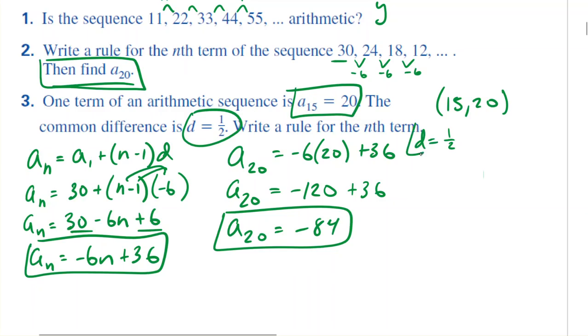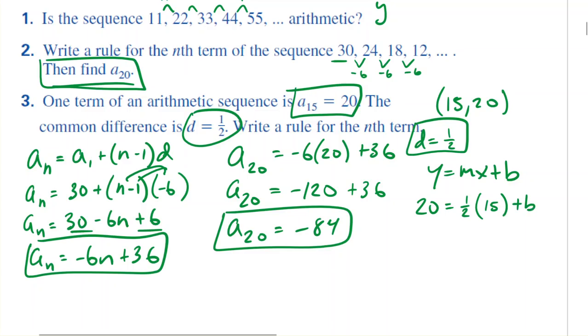So that's the same thing as slope-intercept form, that's a rule too. So we're saying the 15th term, and what is our common difference? Our common difference is the slope. So 1/2 times 15 plus b.